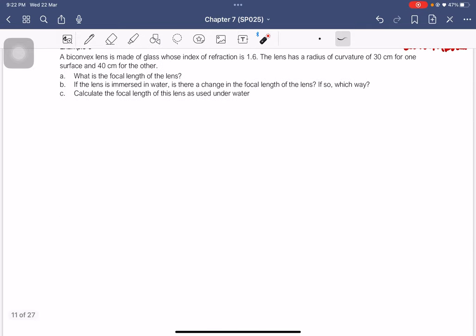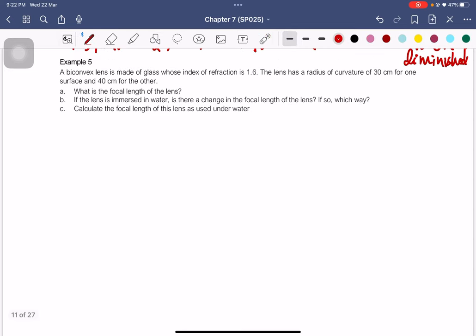Next, example 5. We have a biconvex lens made of glass with index of refraction 1.6. So this is the material's refractive index. It has a radius of curvature of 30 centimeter for one surface and 40 centimeter for the other.